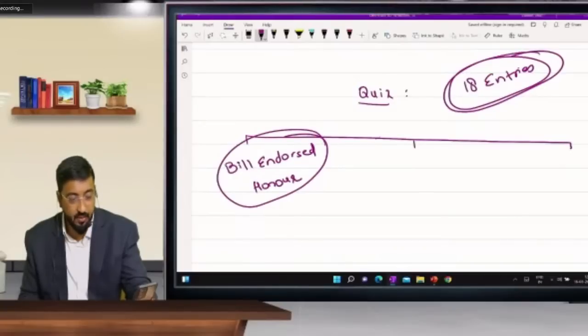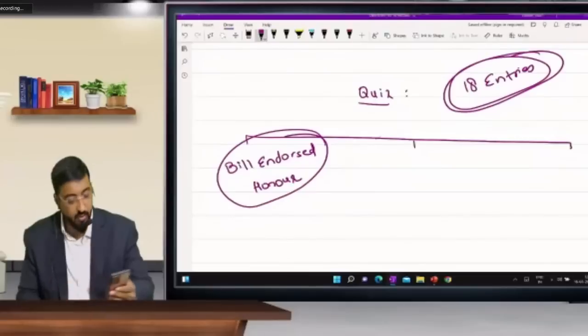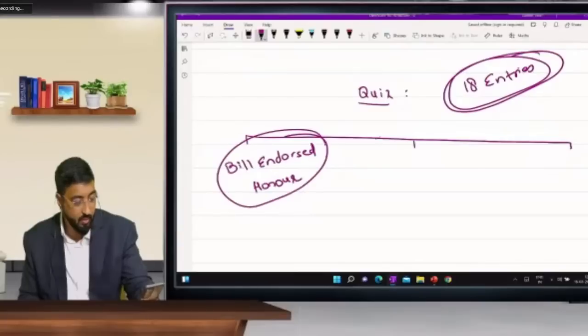Who is answering fast? Beta, as always, today also hang the site. And who answered fast? No entry, no entry, no entry. Jyoti is saying, sir, I cleared foundation account 72.